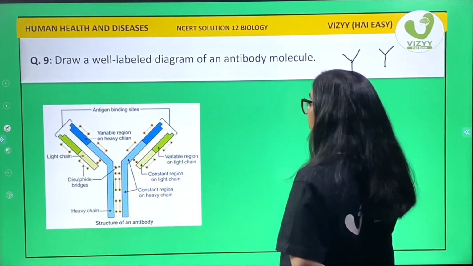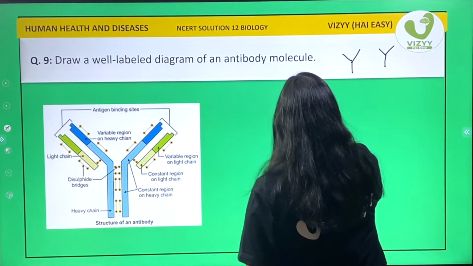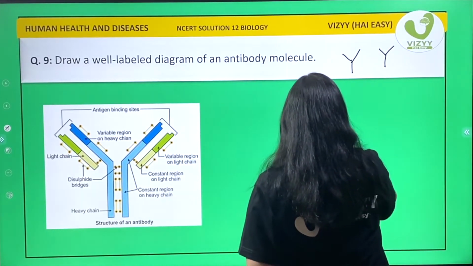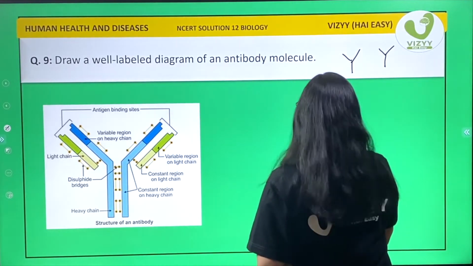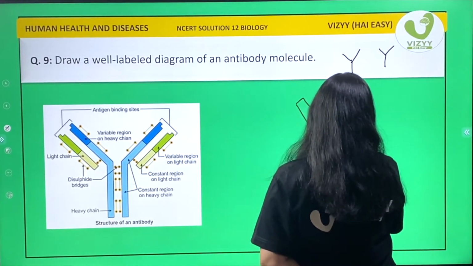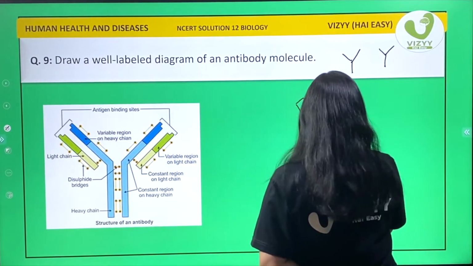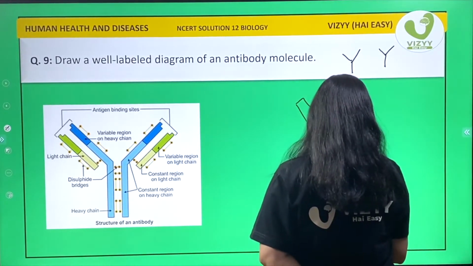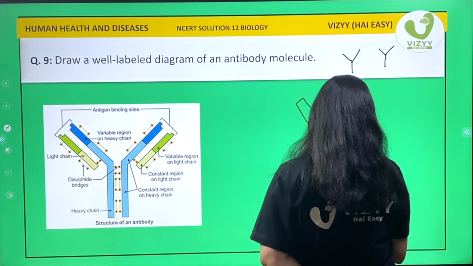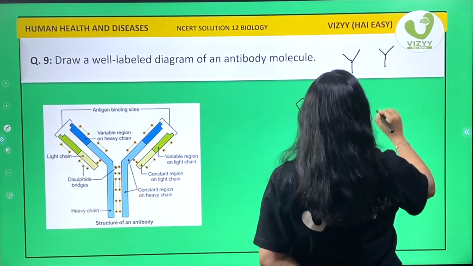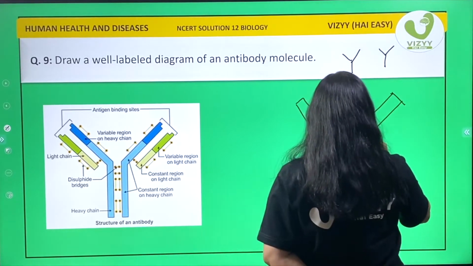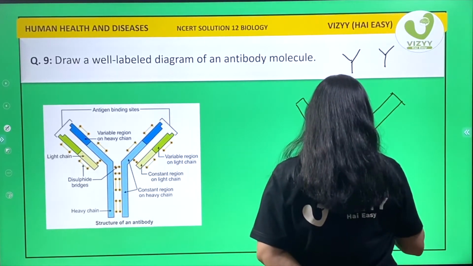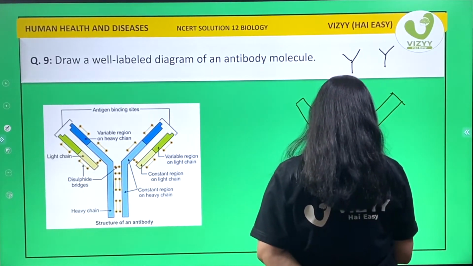See? Same. Okay. Now, there are two chains in an antibody. One of them is heavy chain. Okay.